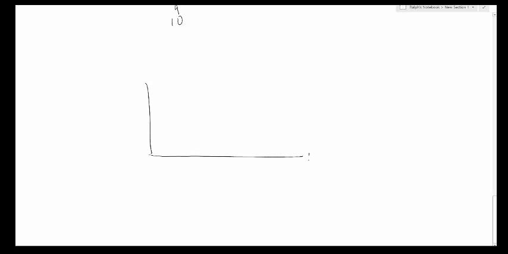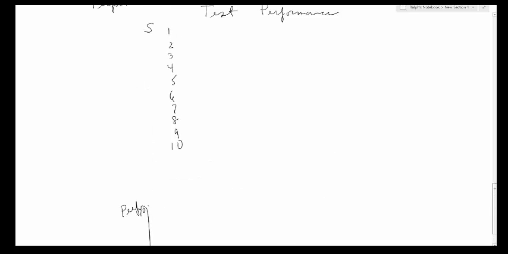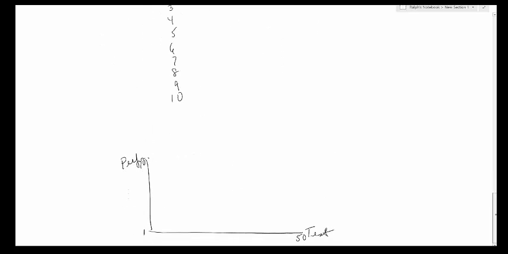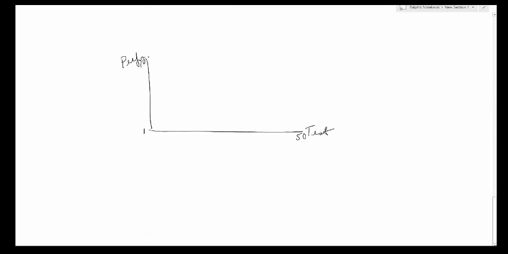So let's say this is a result of the test, and this is a result of performance. And we know performance can be anywhere from a 1 to a 10, and the test grade can be anywhere from a 1 to a 50. So let's say we put people where they are on this test.